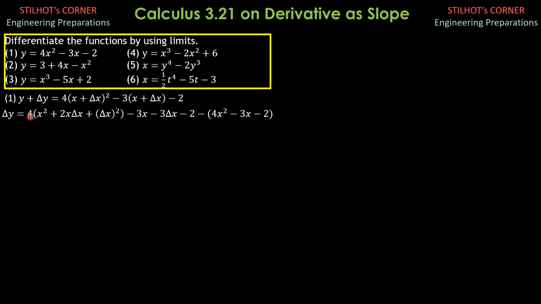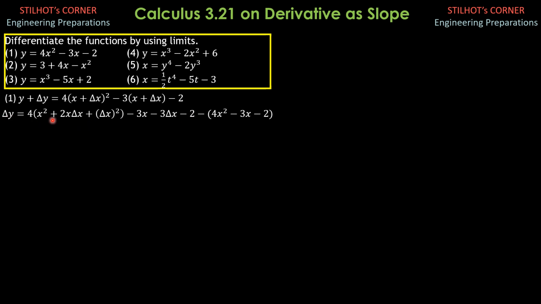So take note that we have 4x squared here and minus 4x squared. So 4x squared will vanish. And we also have negative 3x and negative of negative 3x, positive 3x. The 3x will also be eliminated. Negative 2 and negative of negative 2, positive 2. It will also be eliminated.